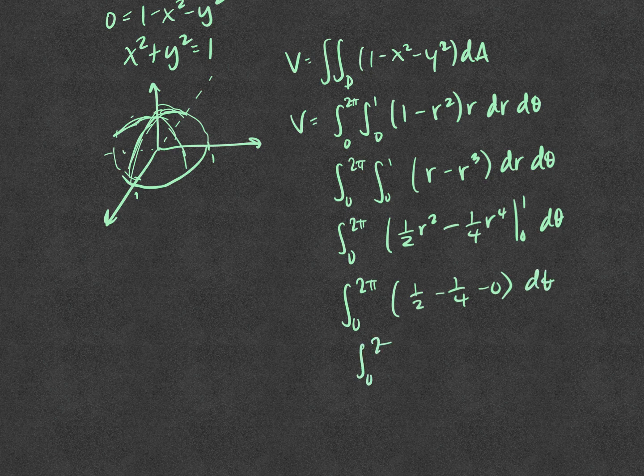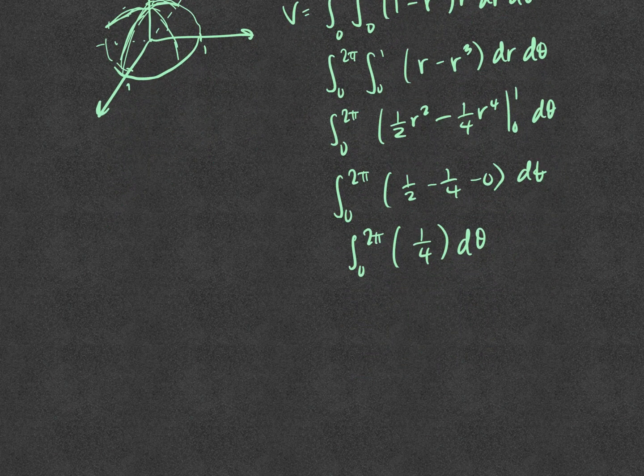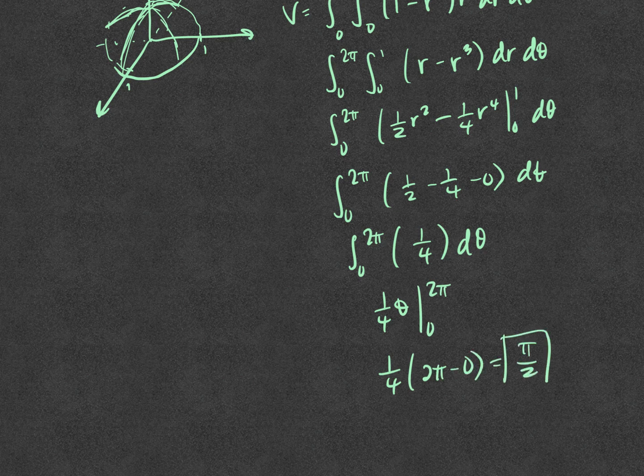And 1/2 minus 1/4 is positive 1/4 d theta. Well, that just means we're going to put a theta on it when we integrate. So we get 1/4 theta from 0 to 2 pi. So we get 1/4 times 2 pi minus 0, which is 2 pi over 4, which is pi over 2. So that is the volume of the solid bounded by those shapes.